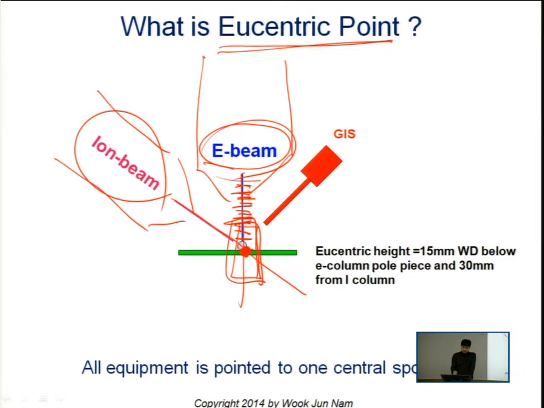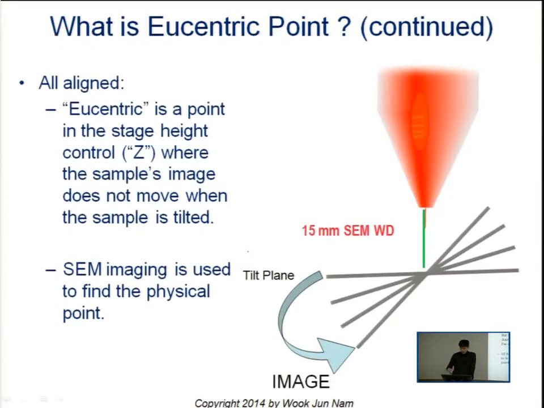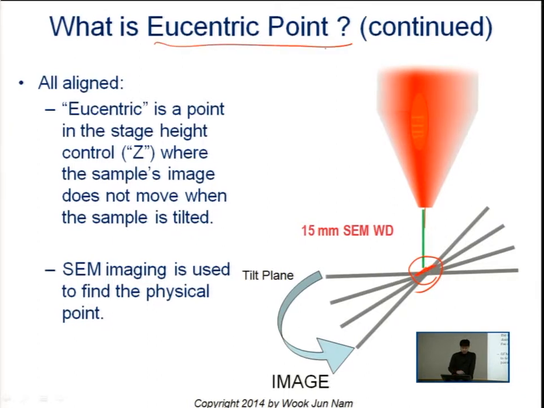But if you tilt the stage to 52 degrees, then the position does not match the focal position of the ion beam, so using the position of the stage, we should find this eucentric point, and that's pretty important for focused ion beam operation. When we match the sample stage at the eucentric point, we can work with both the ion beam and the electron beam.